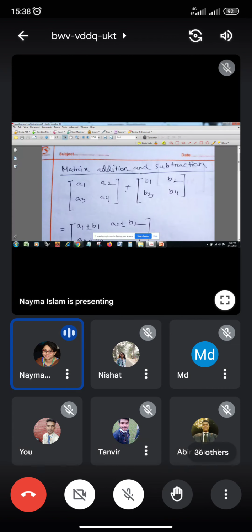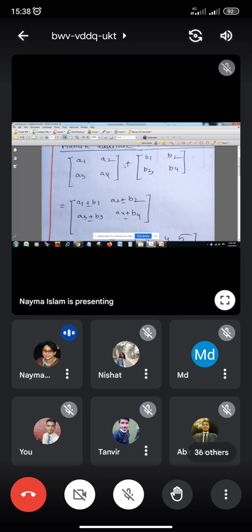This is A1, A2, A3, A4. Here the second matrix is B1, B2, B3, B4. If I ask you for addition, what is the process of adding these two? You have to add the first element and this first element, that means A1 plus B1.